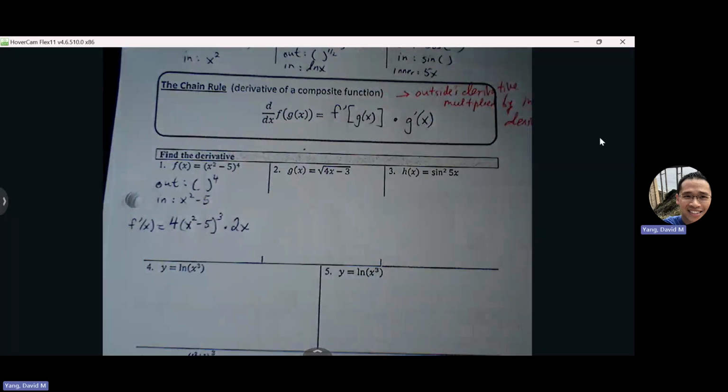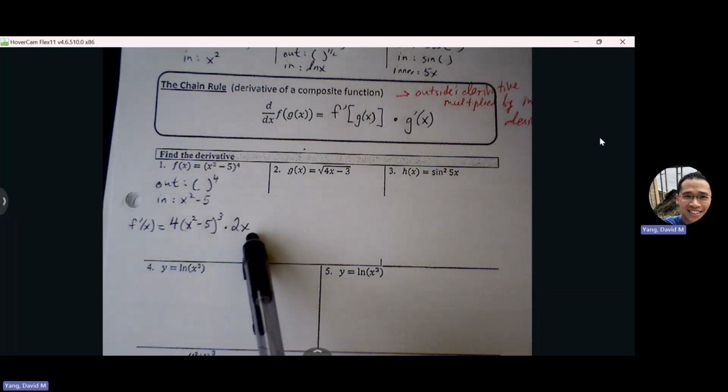So this is a lot more efficient than having to FOIL everything out, combine all the like terms, and then go through power rule for all the many terms that there are, and then merge it all together and factor it out. We already have something in factored form a lot more efficiently.